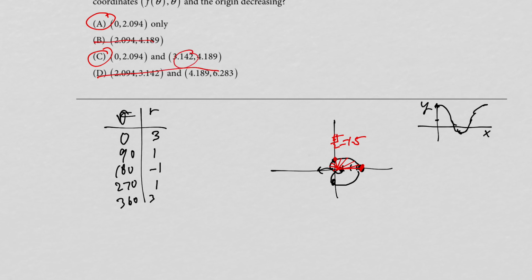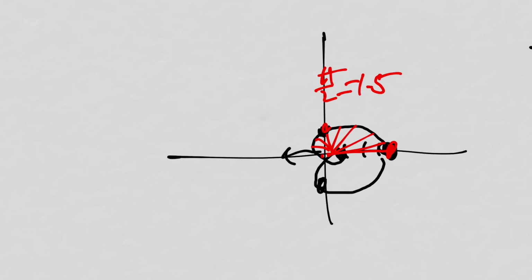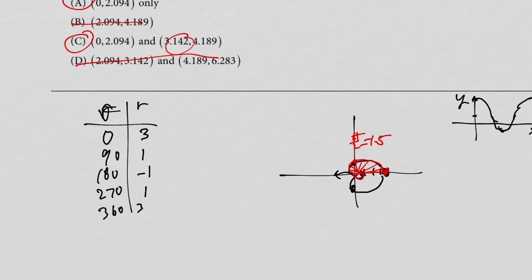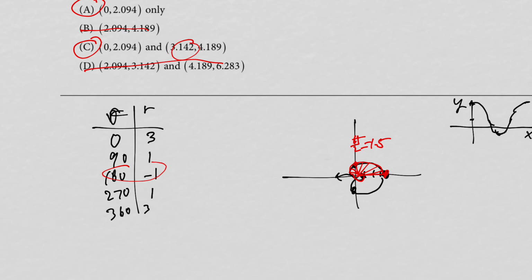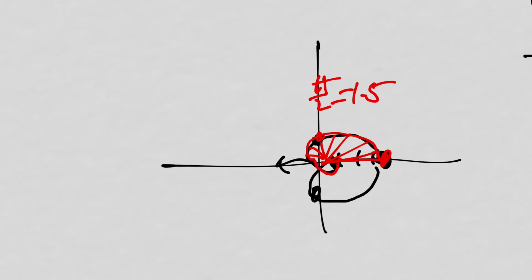Now, 3.142 is basically pi, and you can see that since this curve goes like this, and then like this, at pi, which was 180, it was at negative 1, this inner loop here.